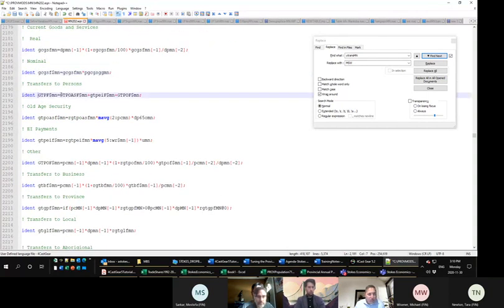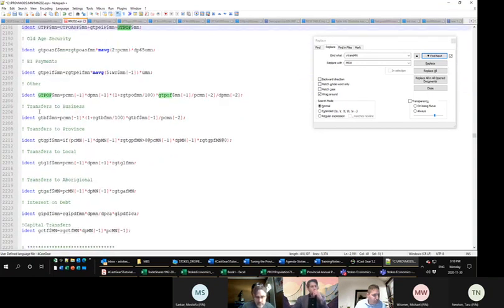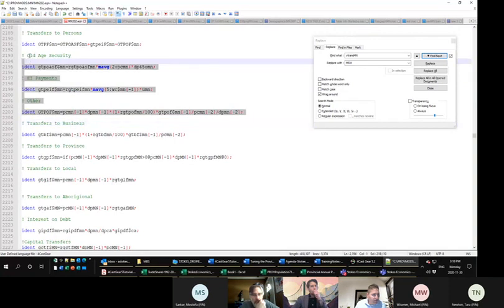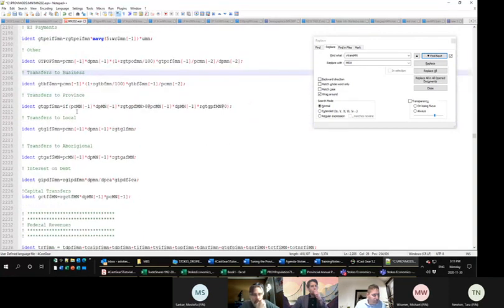On the Fed side, of course, you have your transfers. So you have your old age security, your federal EI, and any other one-off emergency transfers, things like that, built in here. Again, we try to tune these somewhat with whatever's announced in the federal budget.